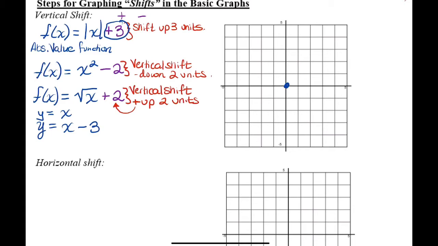So y equals x would have this general trajectory, which is the y equals x graph right there. Now, the new graph has a vertical shift of down 3. So it's going to go down 1, 2, 3.